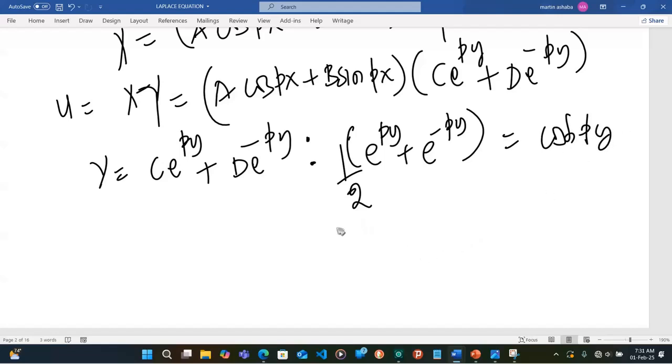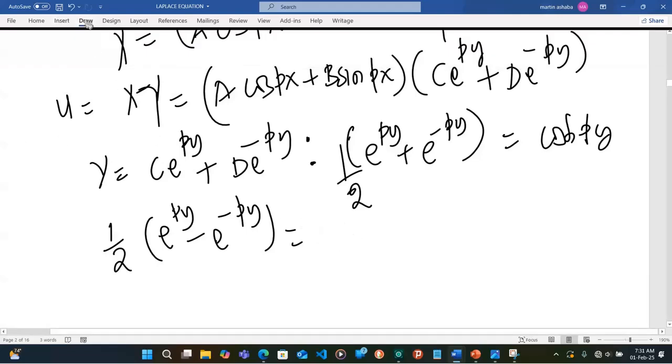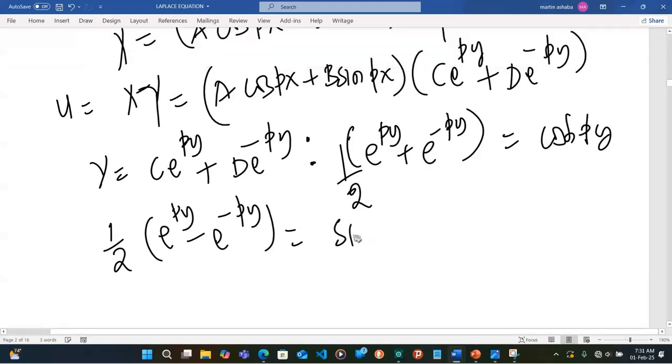Then we also know that a half, exponential py minus exponential negative py, is equal to the hyperbolic sine py.